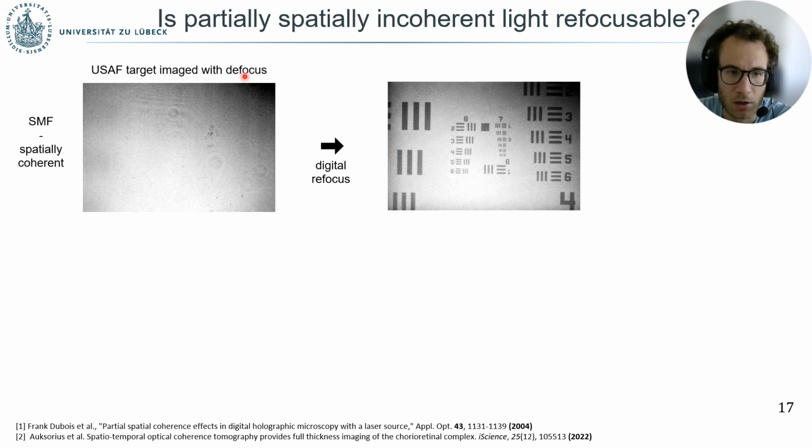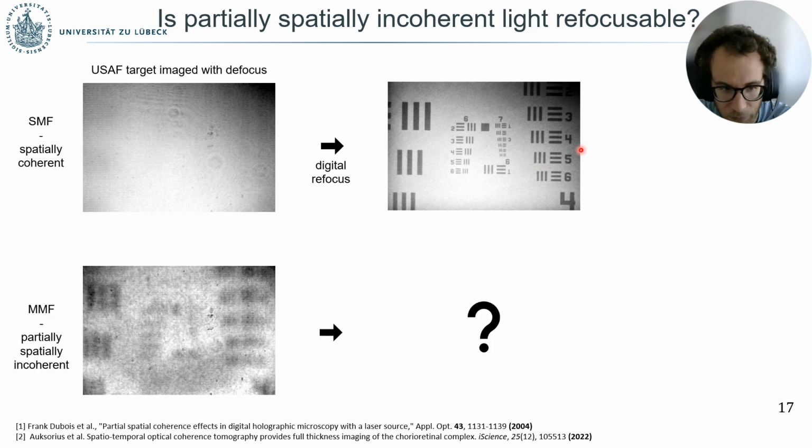If we have here a USAF target and we image it with a single mode fiber, then light is coherent, we can easily refocus it and not lose anything. When we do the experiment with a multimode fiber and we have partially spatially incoherent light, the question is, can we refocus the sample?